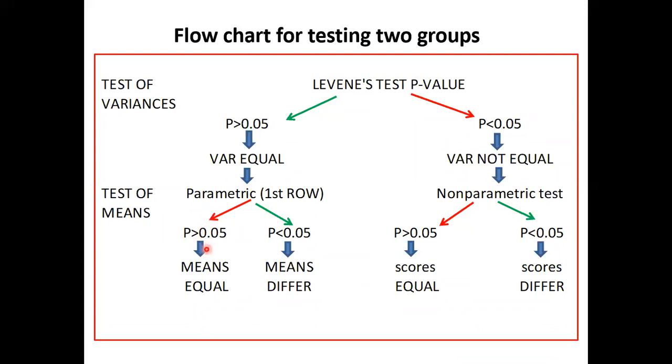We concluded no difference. Third example, Levene's p-value was less than 0.05. The variance not equal. We did a non-parametric test. The p-value was less than 0.05. I say scores differ. TG values differ. I didn't say means are different, because I report medians. Question?